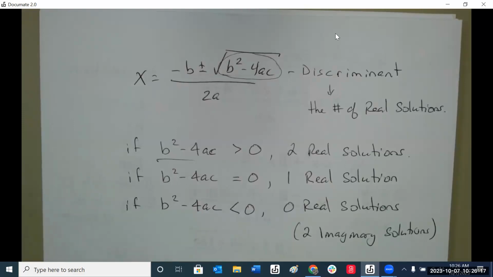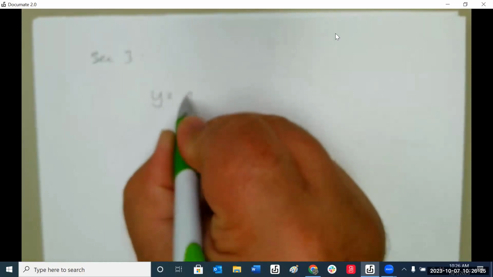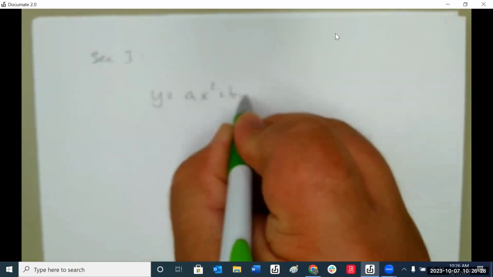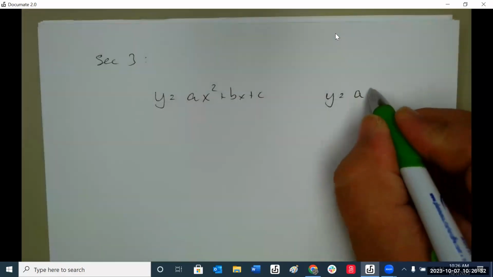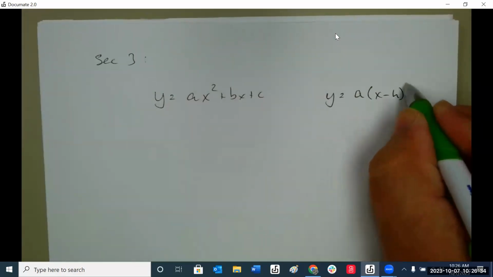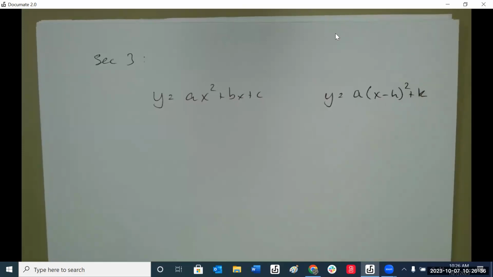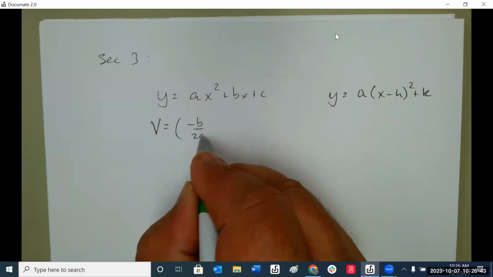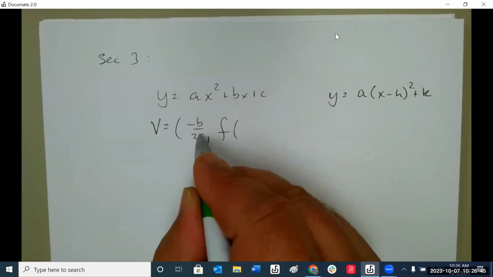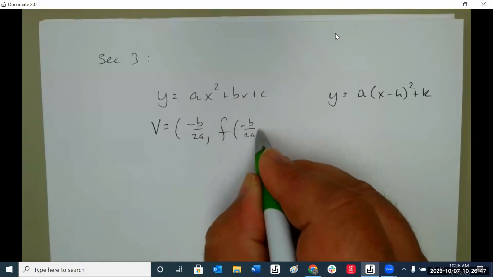Okay, and actually we did sections 2 and 3 there because section 3 deals with both of these forms. We know how to find the vertex here: find the x value and then plug it back into the original equation.